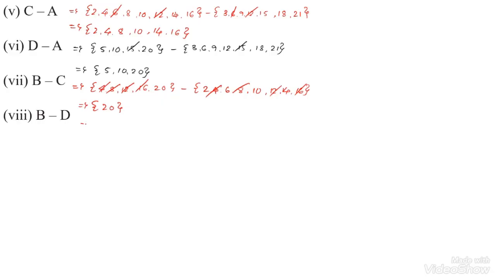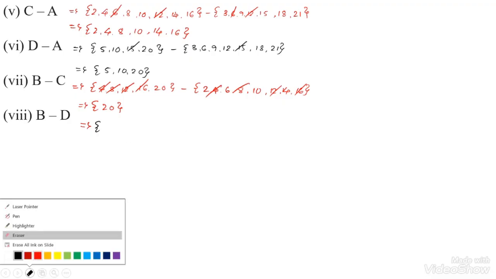B difference D. Here first I have to write the B set. The elements in set B: 4, 8, 12, 16, 20.